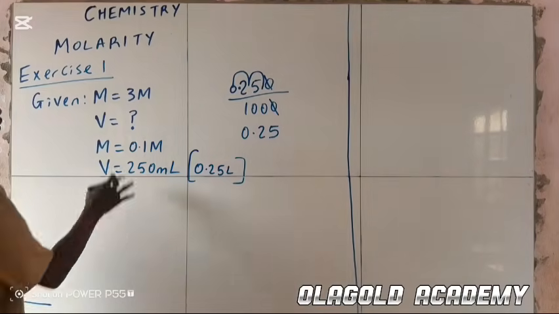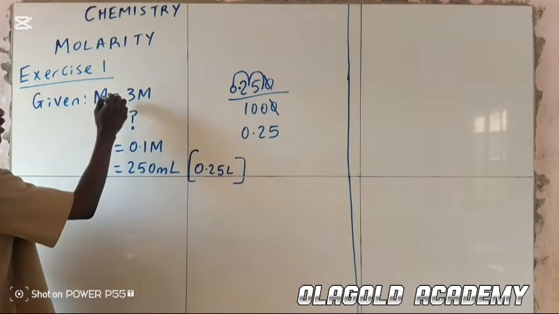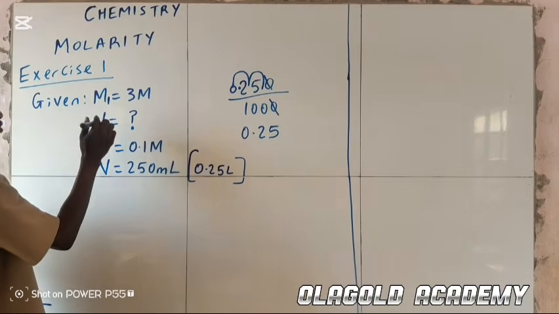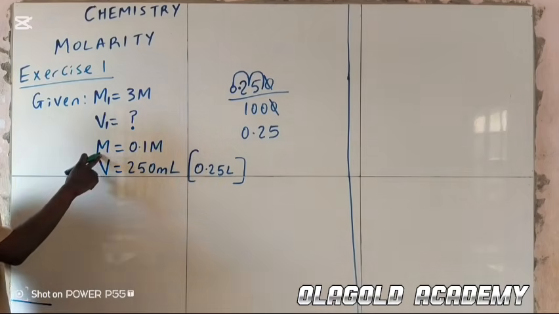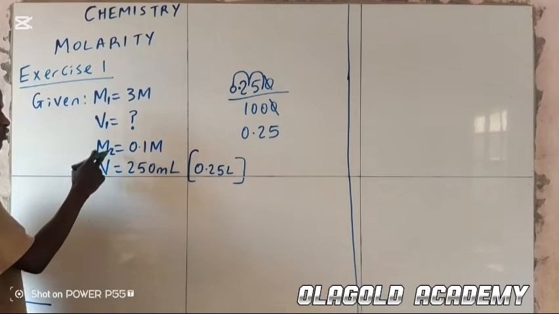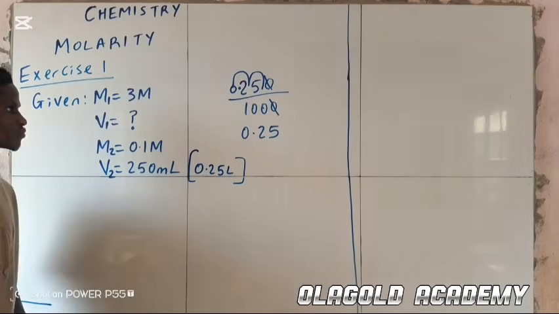Alright, since this one is our first molarity, it becomes our M1. And this one is our first volume, it becomes our V1. This one here is second molarity, so it becomes our M2, and this one is our second volume, so it becomes our V2.